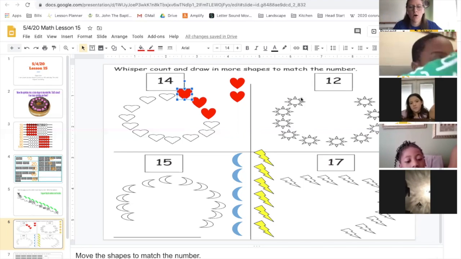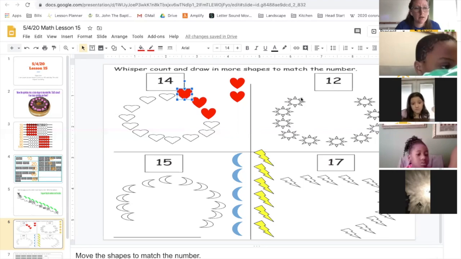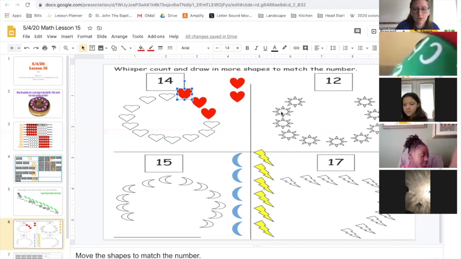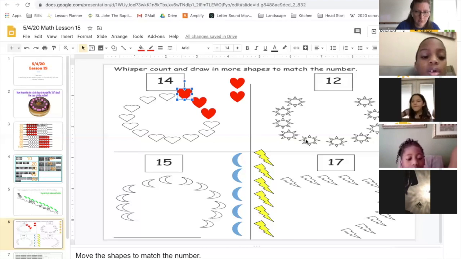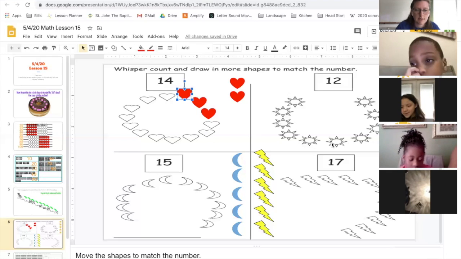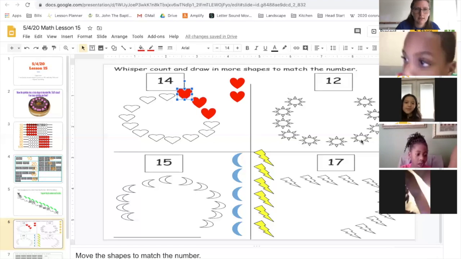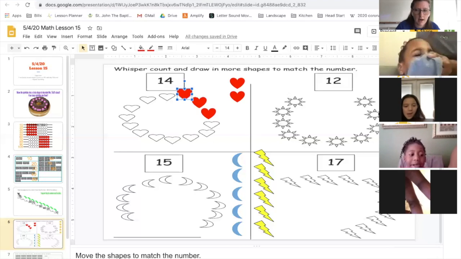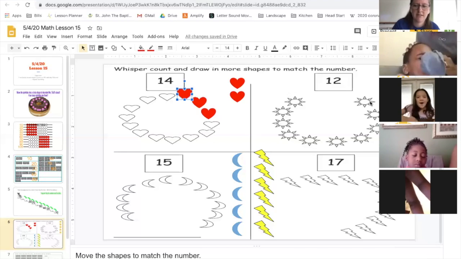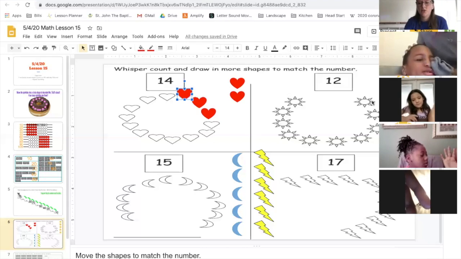All right, so let's all count together to figure out how many suns we have and how many we need. 1, 2, 3, 4, 5, 6, 7, 8, 9, 10. All right, so we have 10 suns and we need to get to 12.